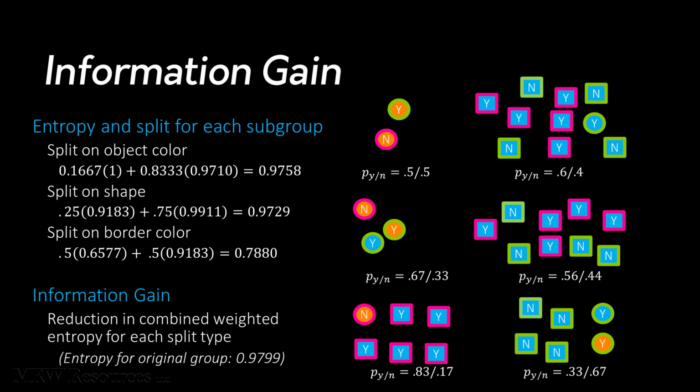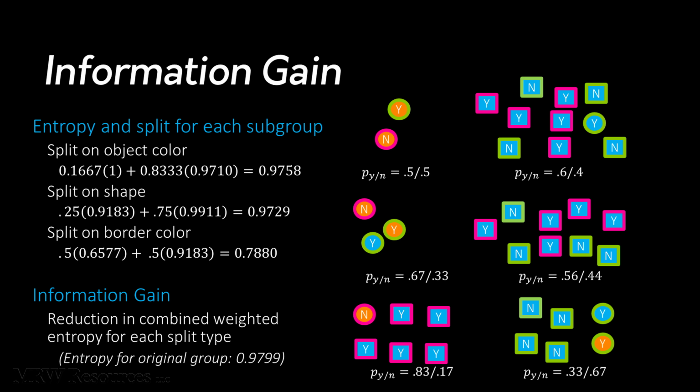Next, we have 3, 25%, versus 9, 75%, times the entropies for those two smaller groups, and we end up with 0.9729. Finally, we look at the border color. We have a 0.5 probability of getting in either one of those groups. So we multiply that 0.5 times the entropy for each one, and we end up with 0.7880.